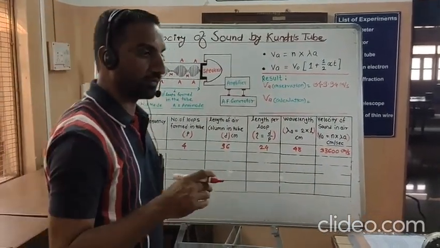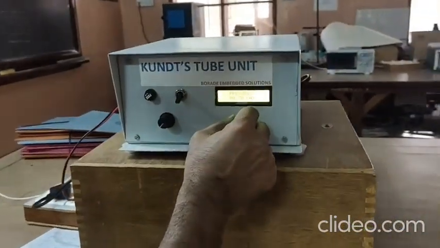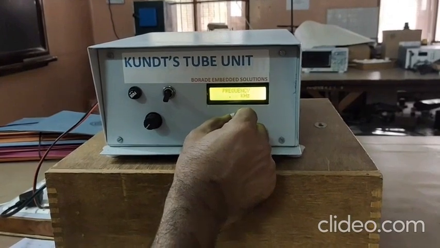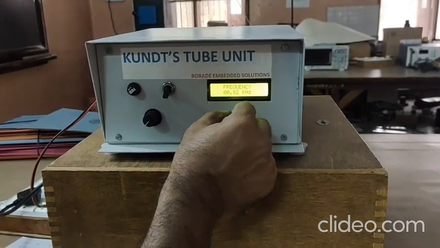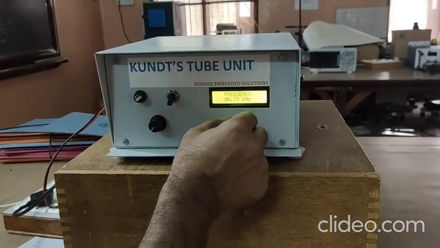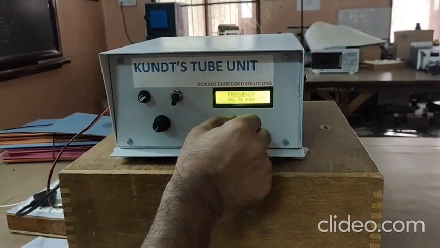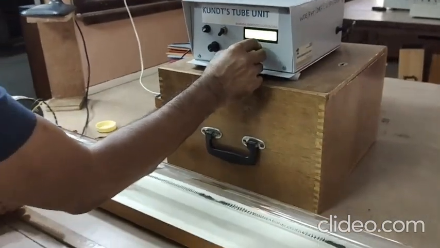Now adjust the frequency to 800 Hz. With the help of this knob we can adjust. Now it is shifted towards 800 Hz. Yes, so this is 800 Hz. It will change a little bit.